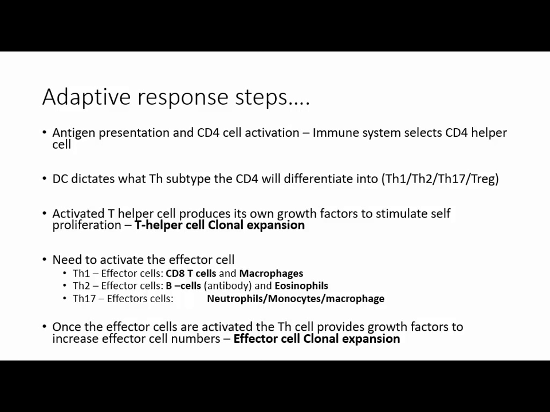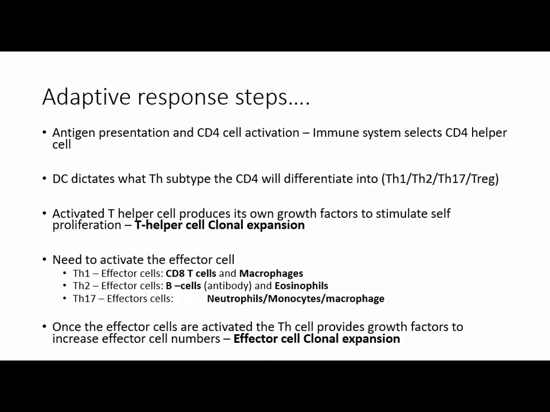And as I said before, T cells need to be activated through signal 1 and signal 2. Okay? And at that point, the dendritic cell presents the antigen to the T cell. Okay?